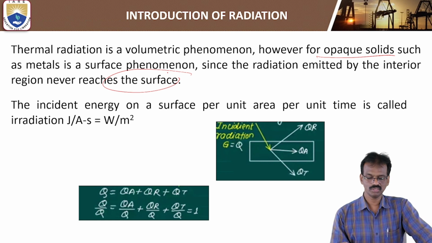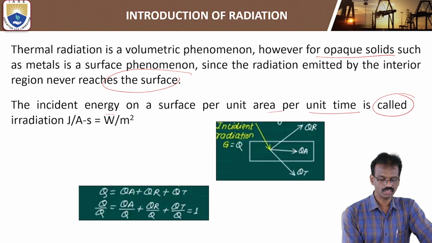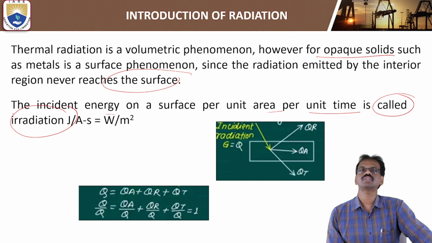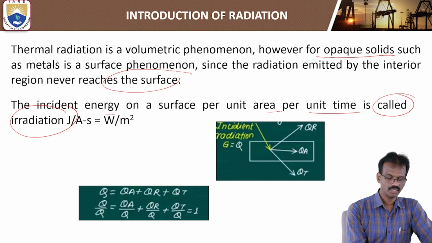So we'll see this condition, opaque bodies. The incident energy on a surface per unit area per unit time is nothing but irradiation. How to remember that term? The incident energy on a surface per unit area per unit time is called irradiation.